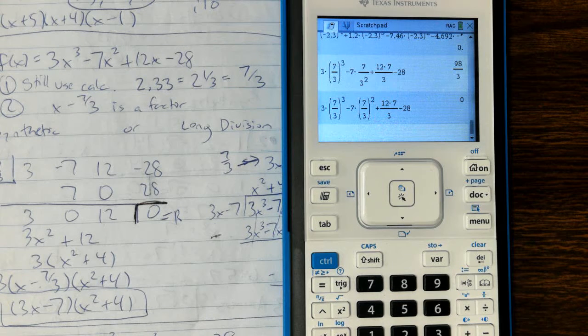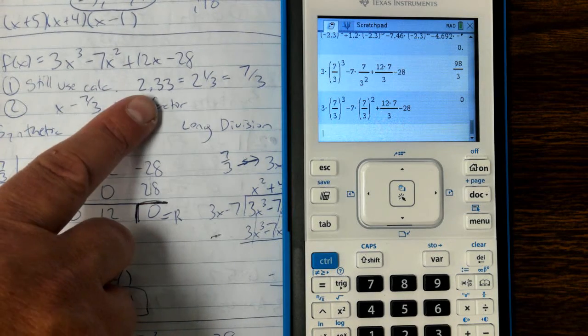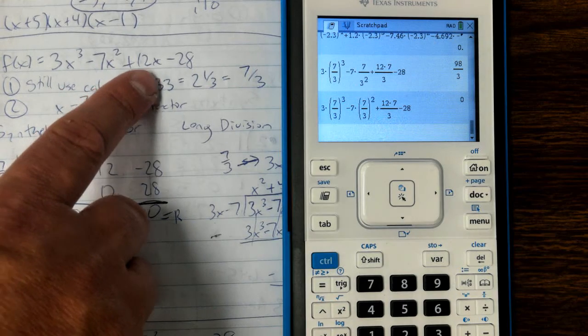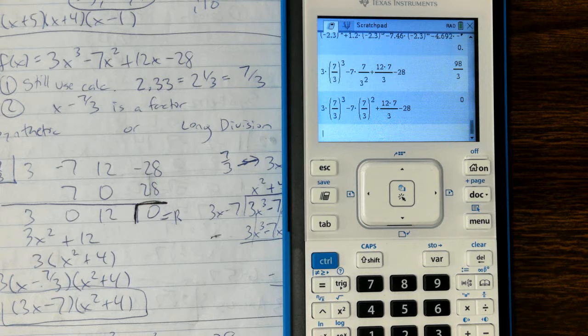Could you move your calculator? I will, but you said it's still wrong? Yeah, because you didn't take the other division. Okay, I'm plugging in 7/3 to those 3 places and seeing if I got 0. I'm not sure I understand.